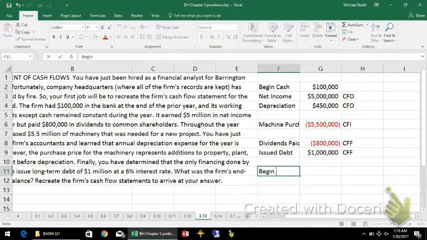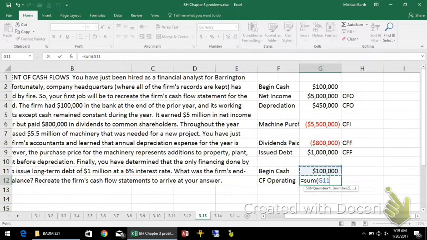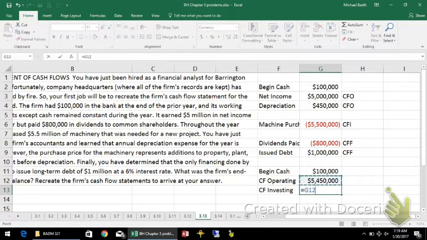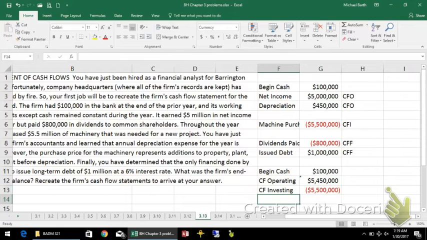So beginning cash would be $100,000. Cash flow from operating activities, $5,450,000. Cash flow from investing is negative $5.5 million.